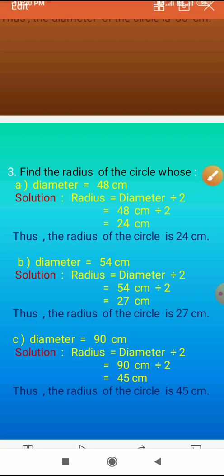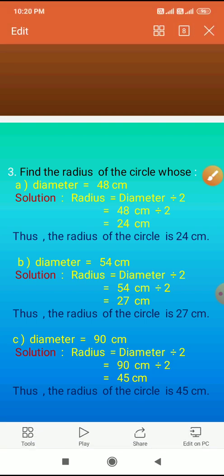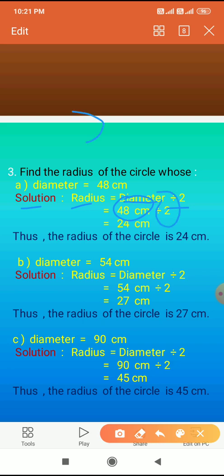We have learned how to find the diameter when the radius is given. But in this question, diameter is given and you have to find the radius. So see its solution. How to find radius? By dividing the diameter by 2, we get the radius. Here diameter is given 48 centimeter. So we divide 48 by 2.